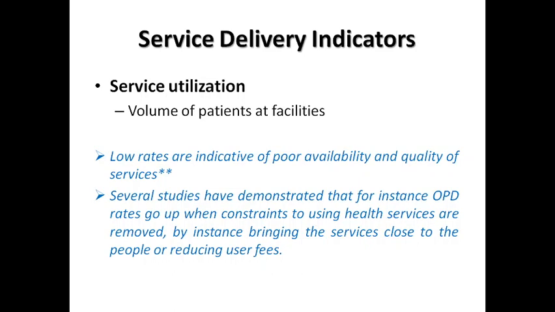Several studies have also demonstrated that, for instance, OPD rates go up when constraints to using health services are removed, for example, when you bring the services close to the people or when you reduce user fees. So if you want to improve service utilization, you have to look into how to improve the quality, the accessibility, and the affordability of your services, so that people use the services that are available.